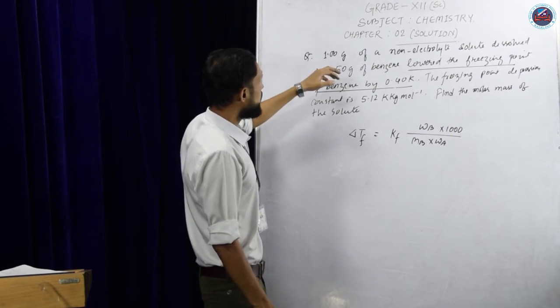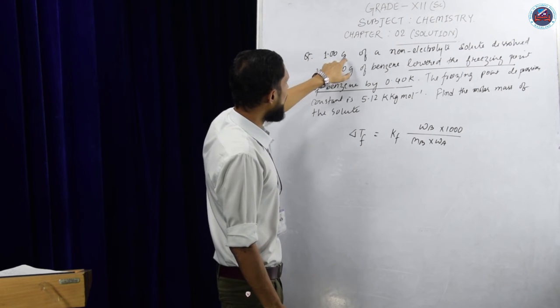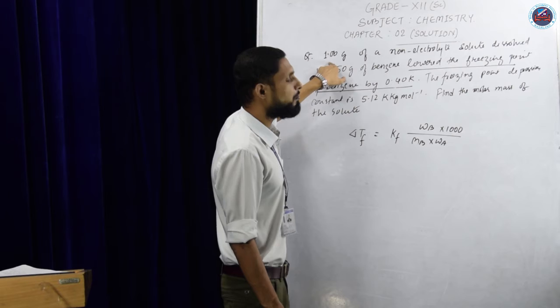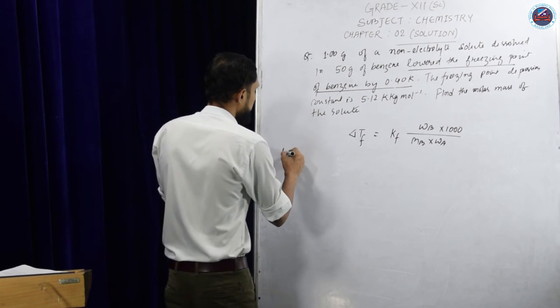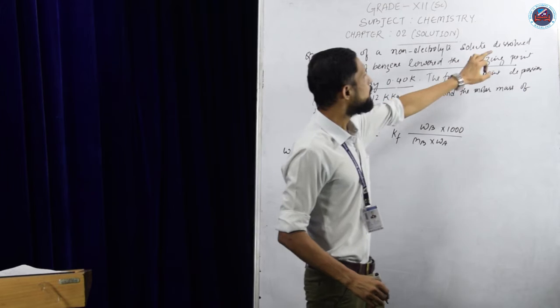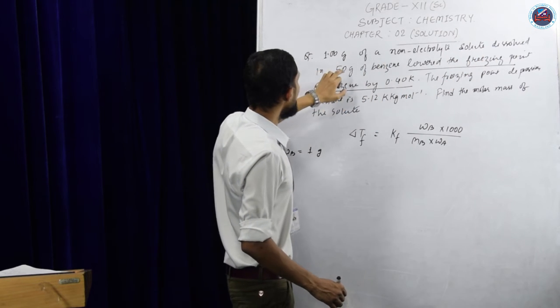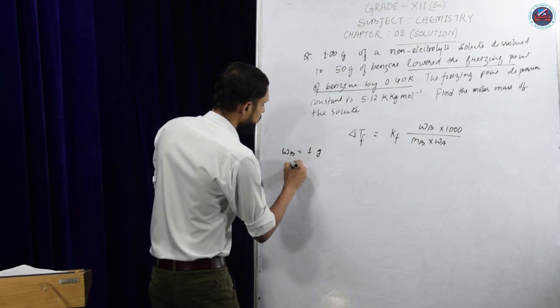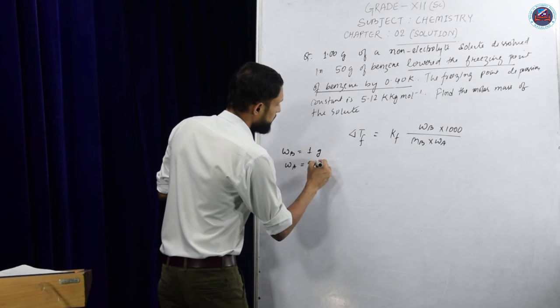So let us start with the question. 1 gram of a non-electrolyte solute. So 1 gram is the mass of solute, so Wb is equal to 1 gram, dissolved in 50 gram of benzene, which is the mass of solvent. So Wa is equal to 50 gram.